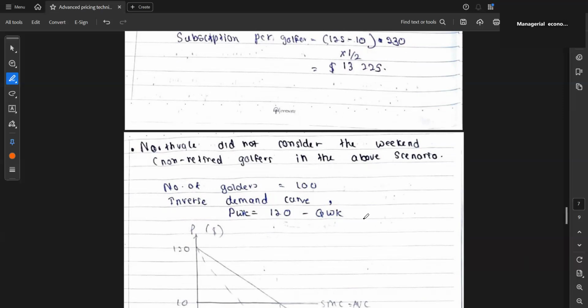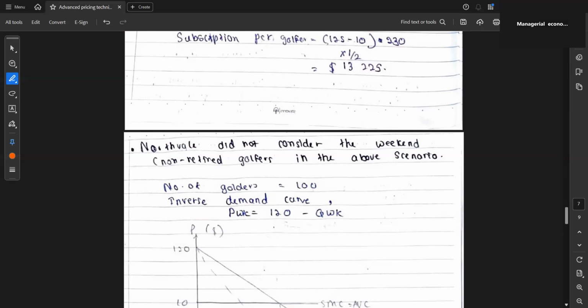Now, at Northwell, we didn't consider the weekend non-retired golfers in the above scenario. In the first scenario we only considered the senior golfers, the retired ones. But on weekends, there are non-retired golfers coming to the Northwell Golf Club to play golf.